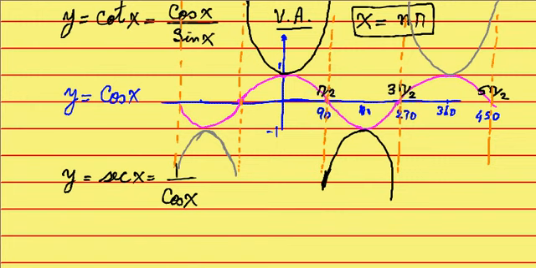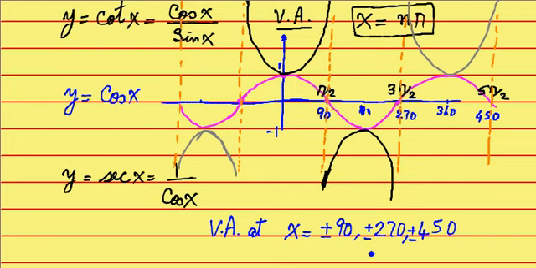So, a final statement to make here: vertical asymptotes at x equal to, let's write it in friendly notation first, 90 degrees, 270, 450, and so on. This also happens at the negatives of these, so it's really plus or minus these numbers. How can I abbreviate all of these with a formula?